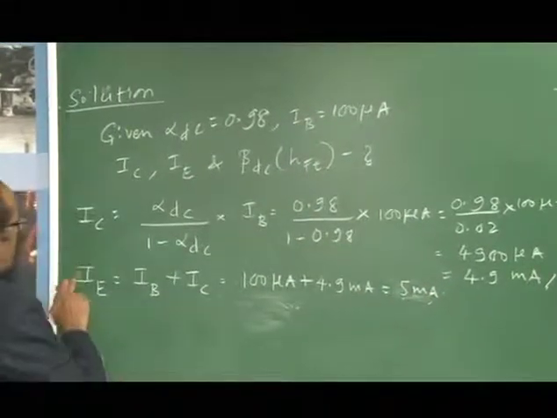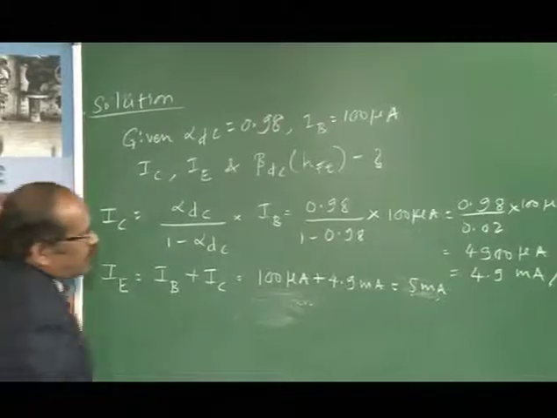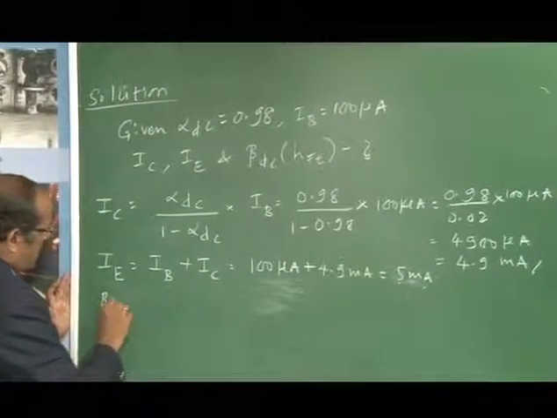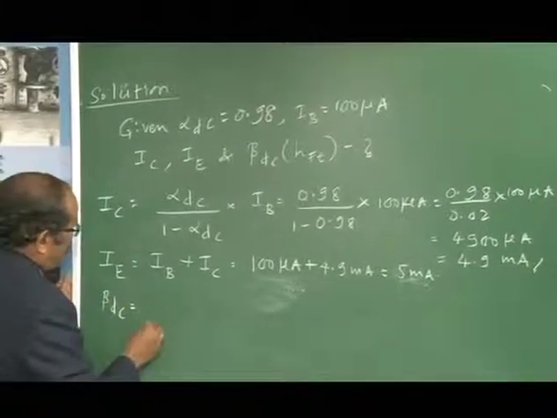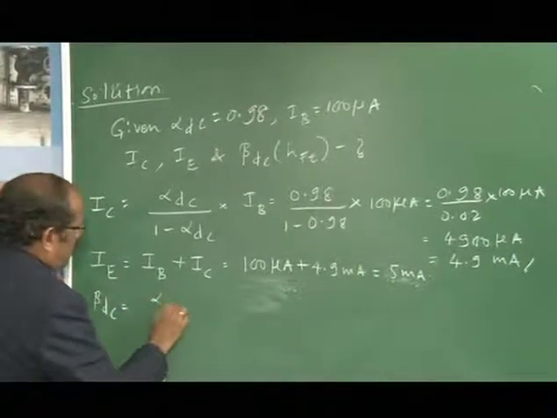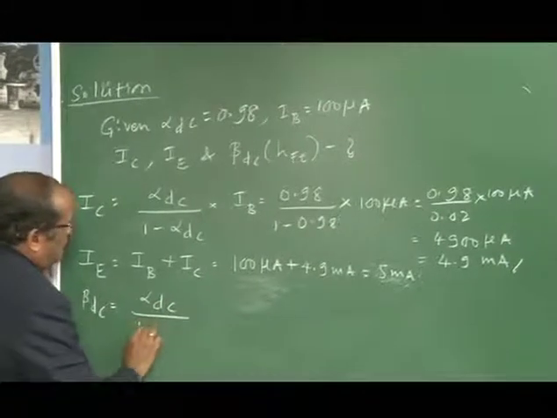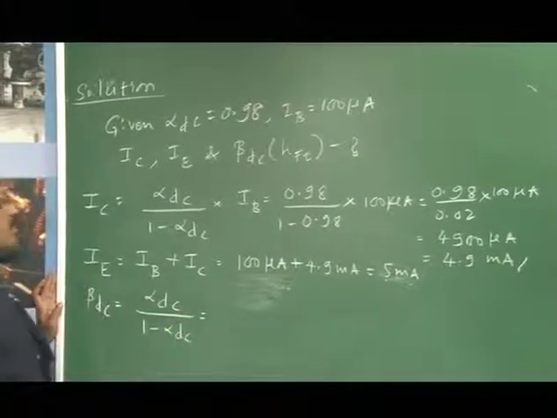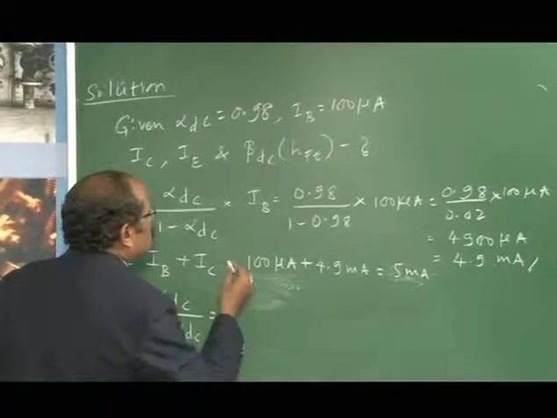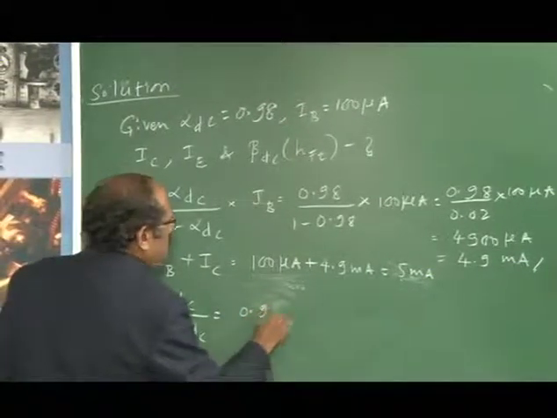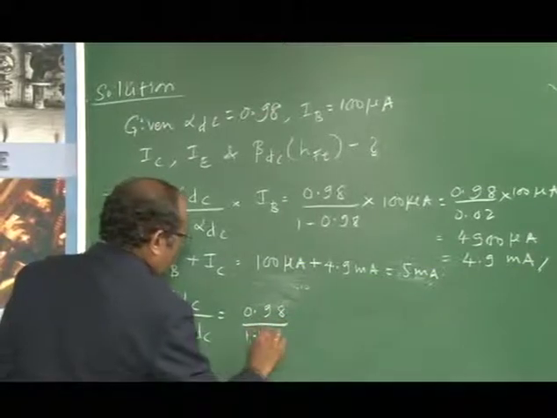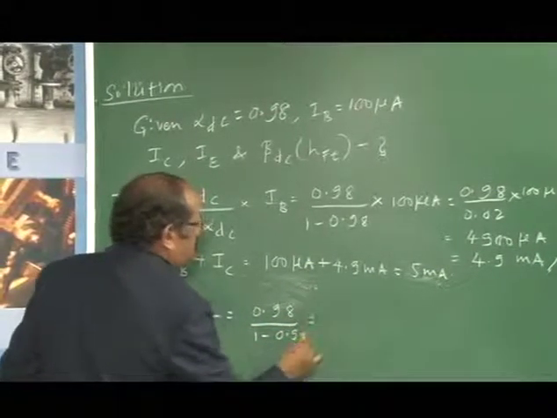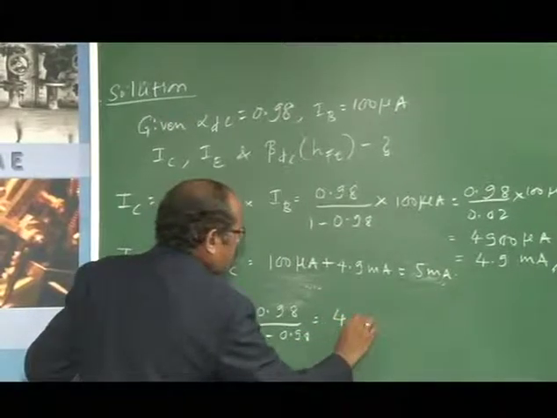So therefore we can say that IE is almost equal to IC, and finally we need to find the beta DC. You can simply use alpha DC by 1 minus alpha DC. If you substitute 0.98 and 1 minus 0.98, it comes out to 49.